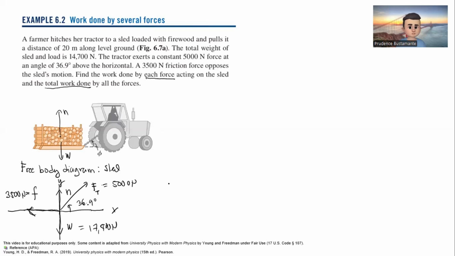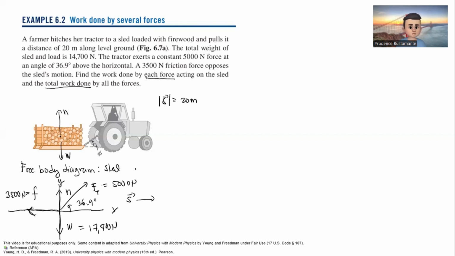So if you count them, there are four forces acting on the sled. Say, for example, it undergoes a displacement with a magnitude of 20 meters. So the displacement is along the x-axis, because it is along the level ground.